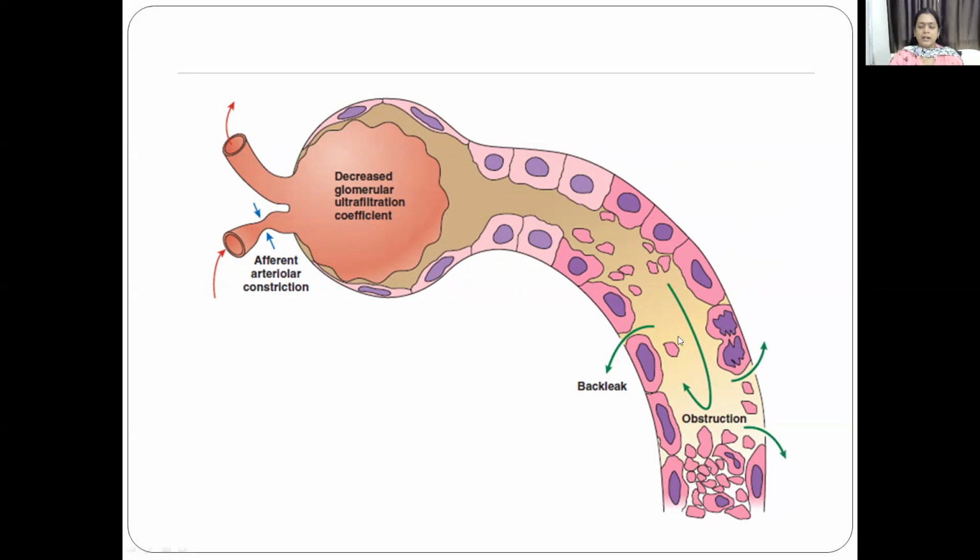The intraluminal pressure is increased because of this obstruction, so there will be a back leak from the tubule. This is the pathogenesis of the tubular injury that happens as a result of ARI.